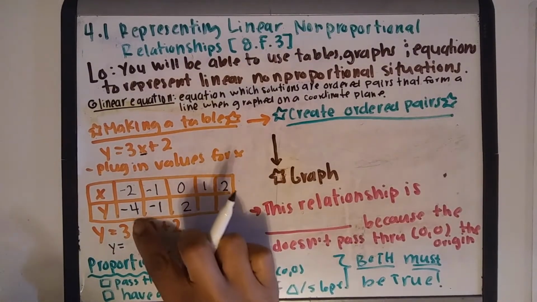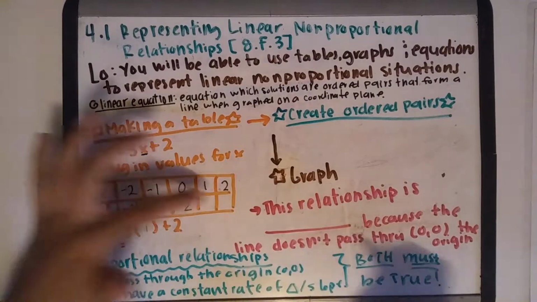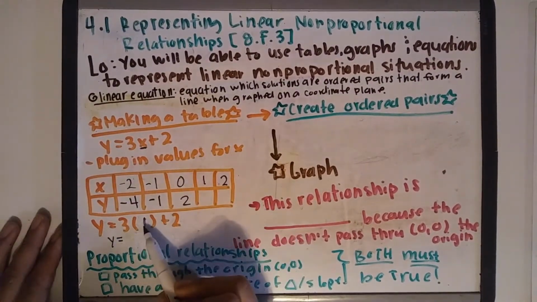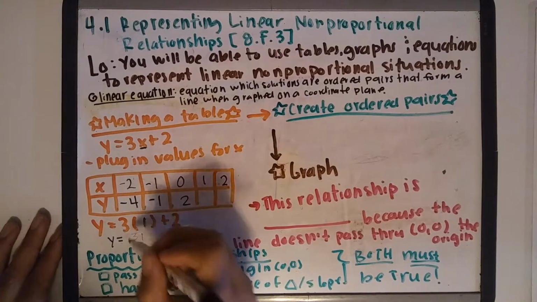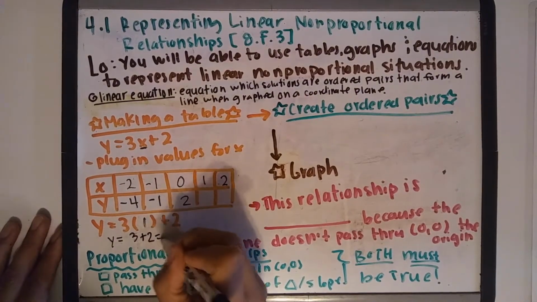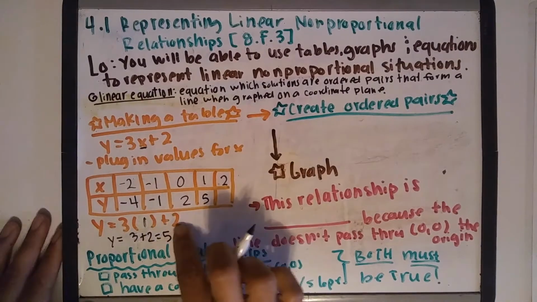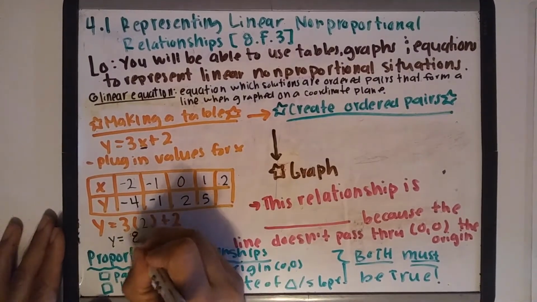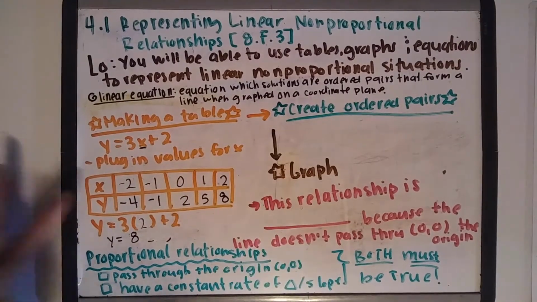The next one is 1. And again, you can pick any x values that you like. 3 times 1 is 3, plus 2 is 5. So my y is 5. The last one is 2. 3 times 2 is 6, plus 2 is 8. So my y is 8. I'm done with that one.